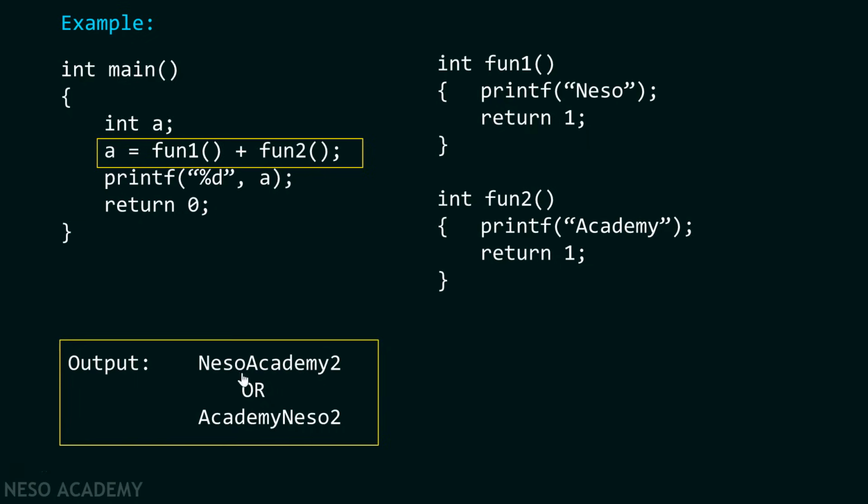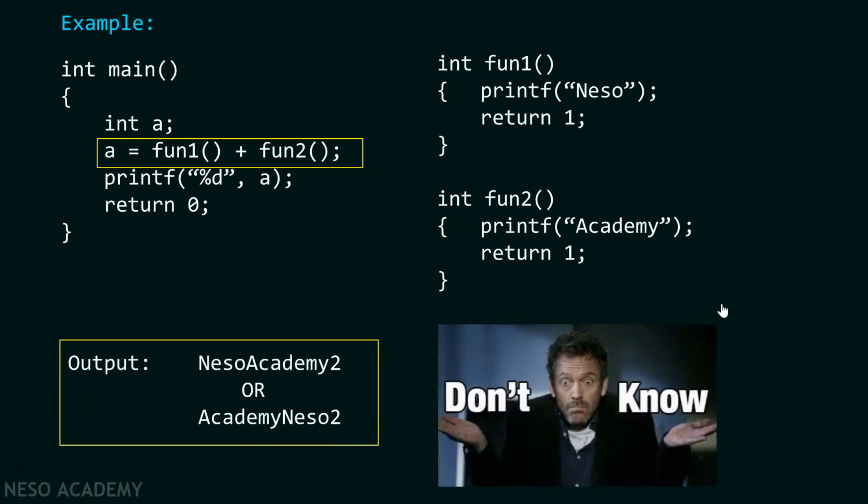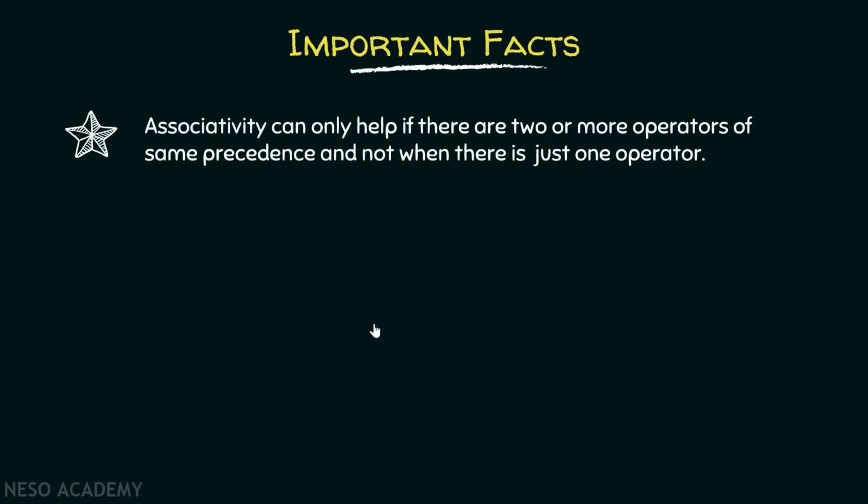So the output can be naso academy 2, but if fun2 is called first, then the output would be academy naso 2, right? So what is the output? We simply don't know.